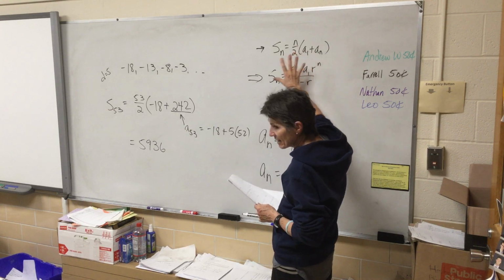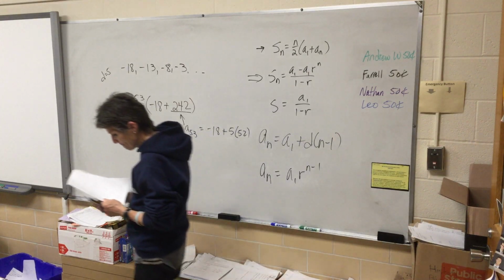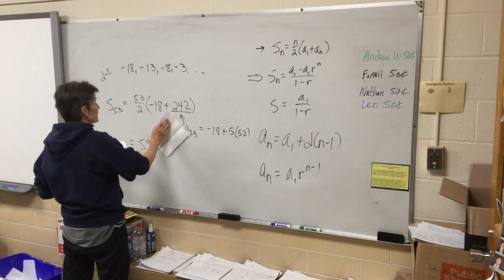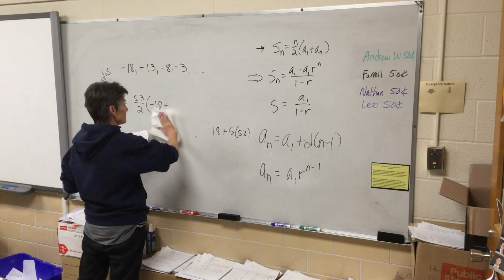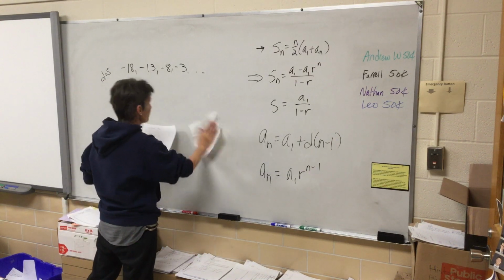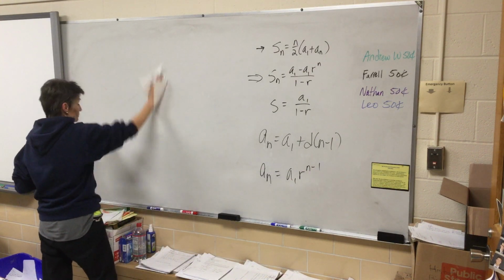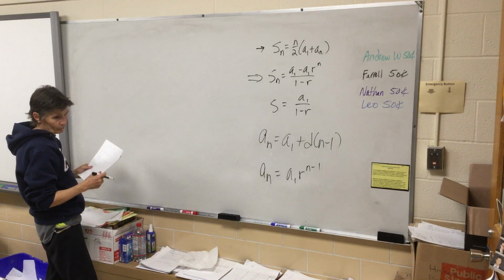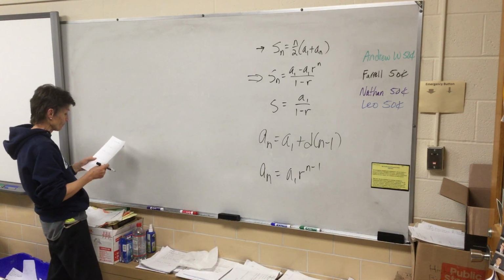N stands for the term we're going to. Exactly. And if the sequence is infinite, would there be a term that you are going to? No. Infinity means it goes on forever.